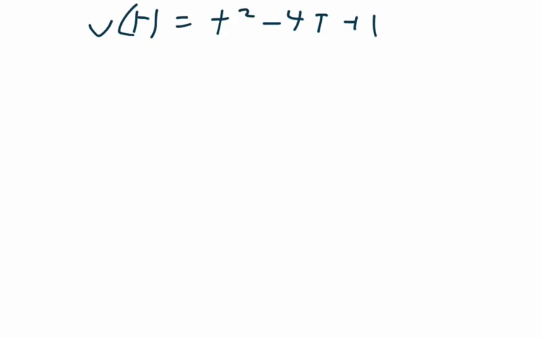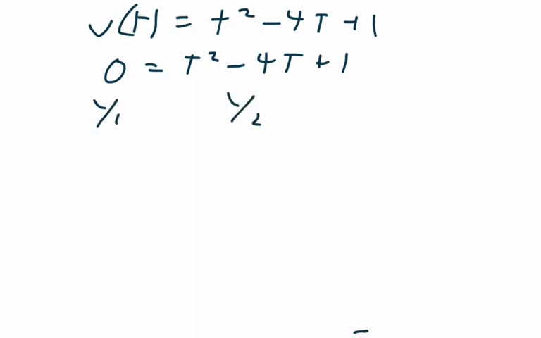Alright, so this particle is moving from 0 to 10. So first thing I want to do is find where this is equal to 0. And since I can't do that, what I'm going to do is plug this into y1, plug this into y2, and find the zeros in between 0 and 10.